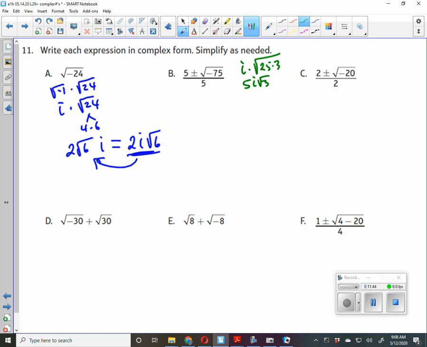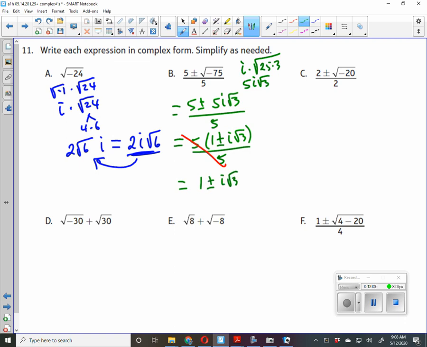So over here, this is 5 plus or minus 5I root 3 over 5. You can factor out that 5: 1 plus or minus I root 3 over 5. That allows you to cancel the 5's, and we're left with 1 plus or minus I root 3.